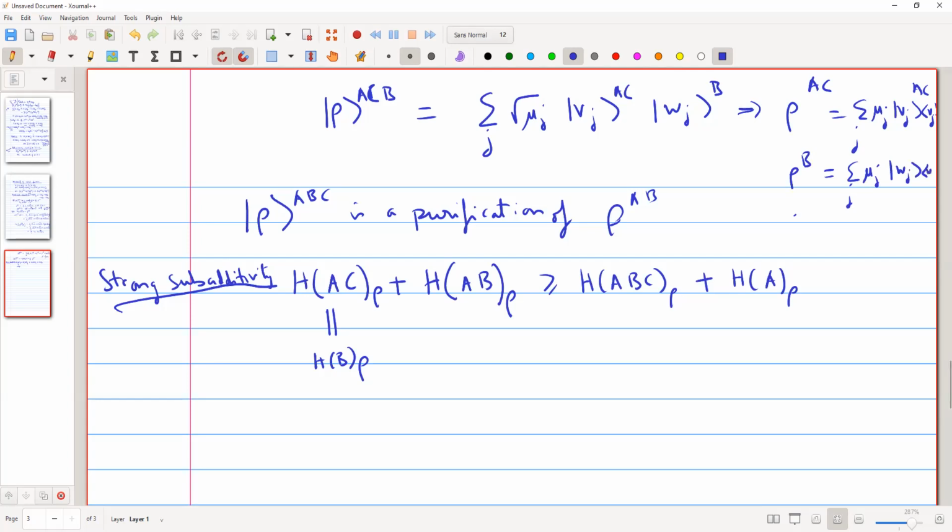So we have this, right? Because the eigenvalues are the same, the entropy of AC is the same as entropy of B. Is this clear? Yeah. And this is a pure state, so its entropy is 0. So we are done. So what I've shown is that H of AB is greater than.